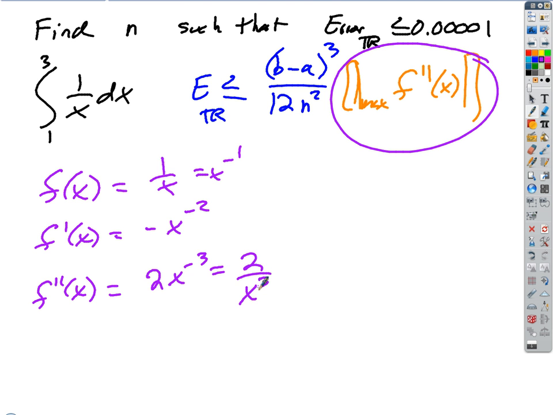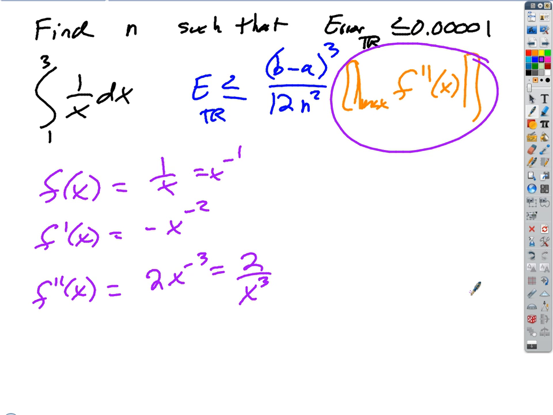All right, so now, how are we going to analyze this? We want to know where the absolute value of this function has its maximum value. Well, it's always positive from 1 to 3, isn't it? So we don't really need the absolute value bars. What's your thinking on that? We don't have to do very much if we think our way through this.